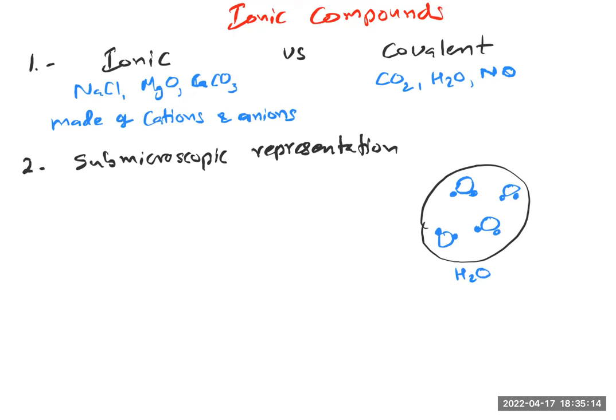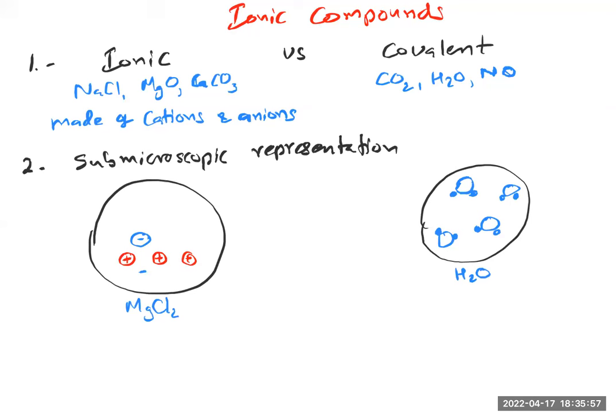On the other hand, if you consider a submicroscopic representation of an ionic compound, let's think about magnesium chloride. That means we have one magnesium ion and two chloride ions in this compound. So in this case, we do not have discrete molecules. Instead, we are going to have the positively charged cation and then the negatively charged anion.